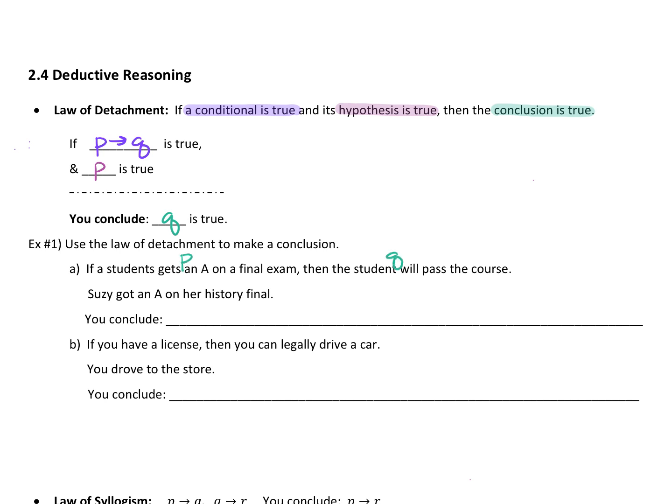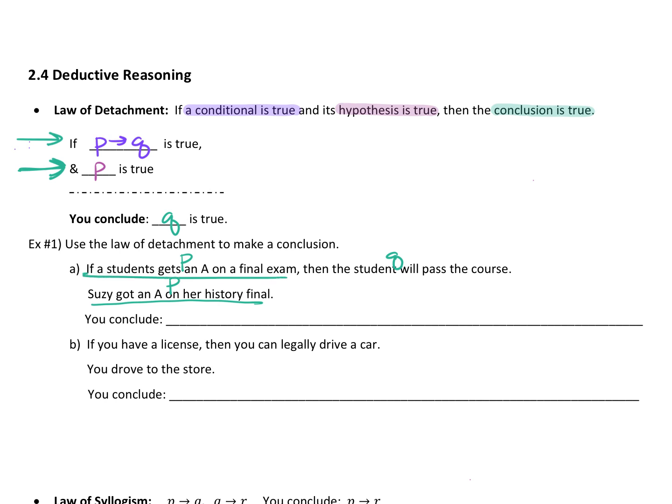The next statement they say is Susie got an A on her final exam. Is that your P or Q portion of the previous statement? P, it's the hypothesis, getting an A on the final, right? So now they're saying P is true, right? So they first gave us this statement, that was true. Then they say, okay, well the P part is true, so you conclude what? Susie passed her course, right?